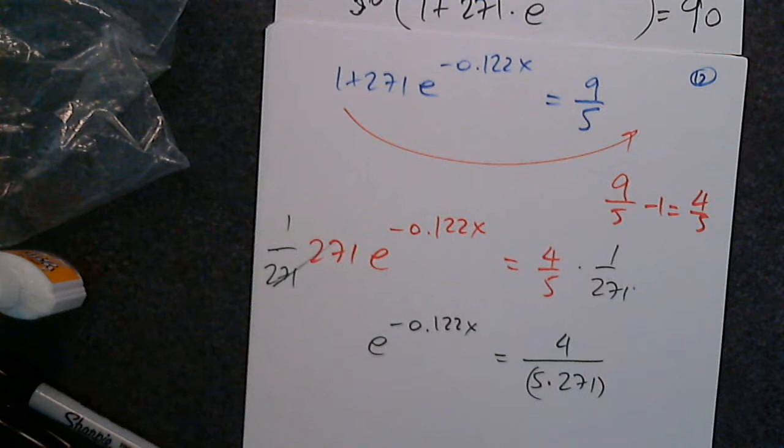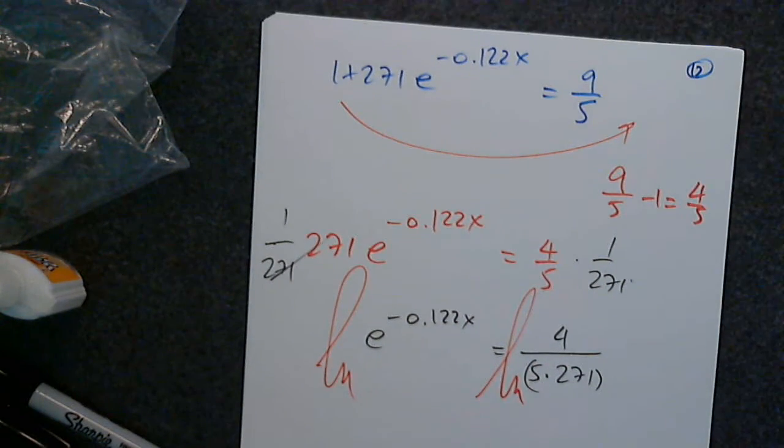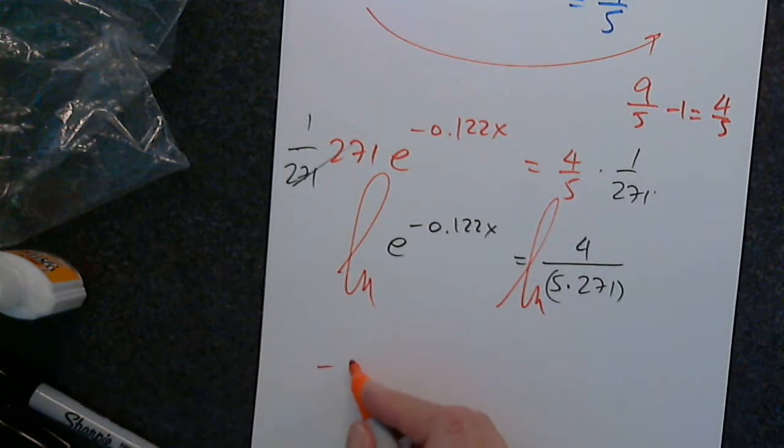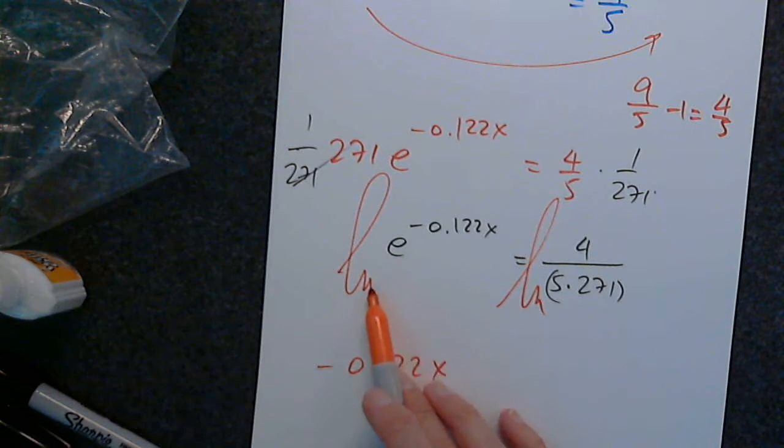Now I'm ready for something that brings the power down. Bring the power down, applying what to both sides? Very good. Exactly. So this is negative 0.122x times natural log e. But what is natural log e?